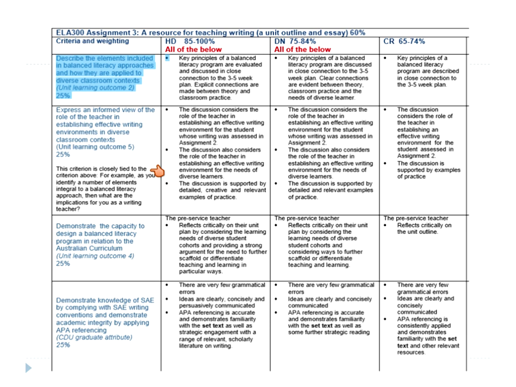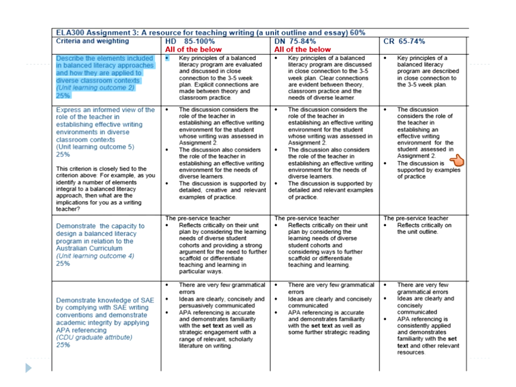For example, if you identify a number of elements integral to a balanced literacy approach, then what are the implications for you as a writing teacher in this particular teaching context? So I'm talking about the unit, not generally. If you talk generally, you won't get a credit, but if you connect that to the unit of work that you have designed.